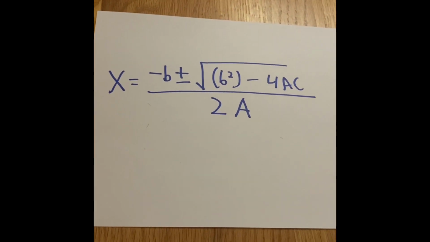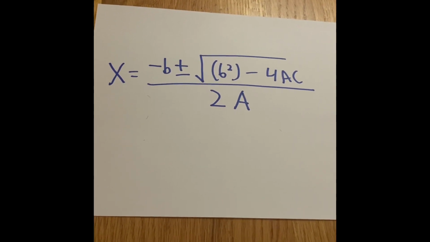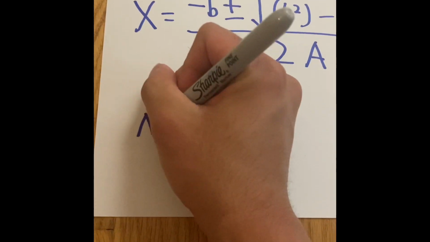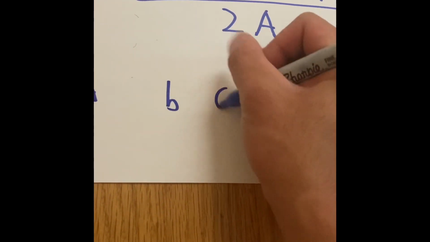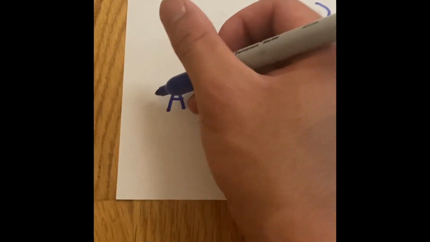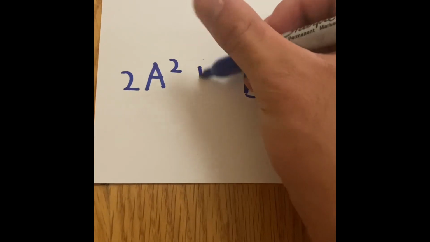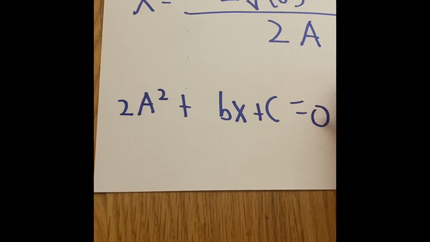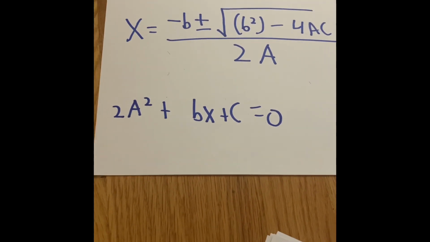So what's happening is, if you had an equation in x where a has a coefficient other than 1, like ax squared plus bx plus c equals 0, that would be the form of it.